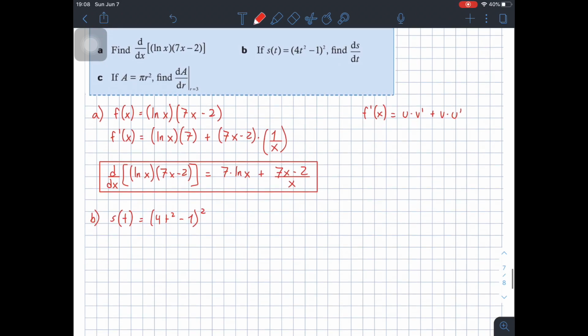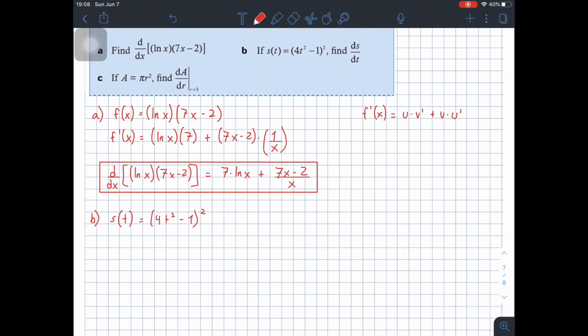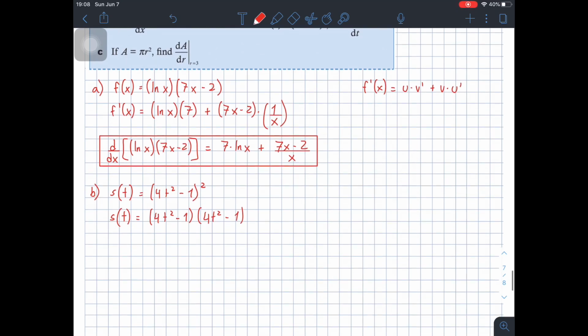So if I want to find the derivative of this, maybe in this particular exercise, it's better if I expand this before actually doing the derivative, right? So we could say that s of t before doing the derivative is 4t squared minus 1 times 4t squared minus 1, right? And then we're going to multiply this.